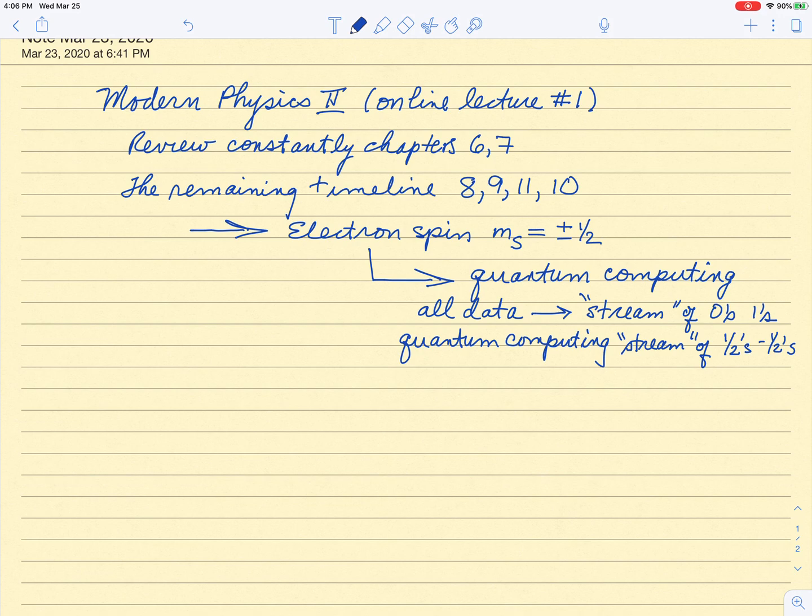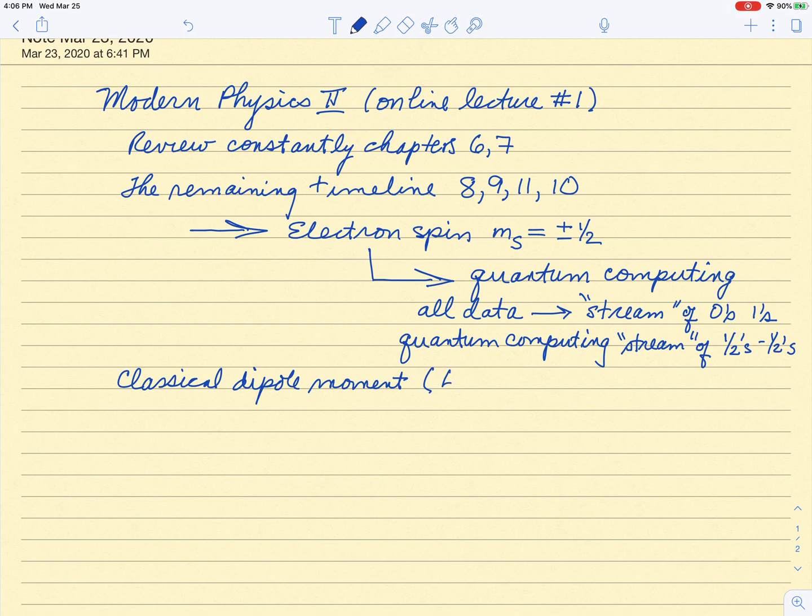So let's go back and look at the classical dipole moment. And so there's our first detour, right?